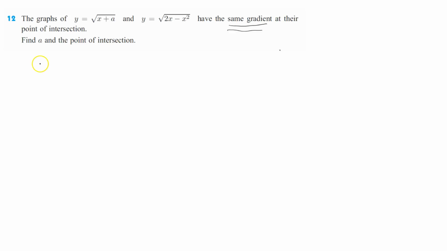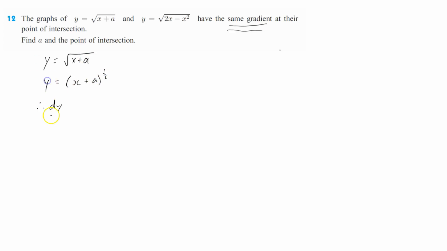Let's just start by finding the gradients. So if I have y equals the square root of x plus a, remember that's the same as x plus a to the power of 1/2.